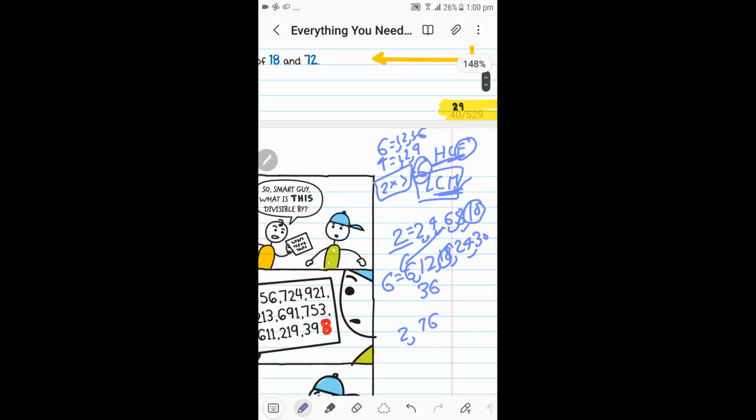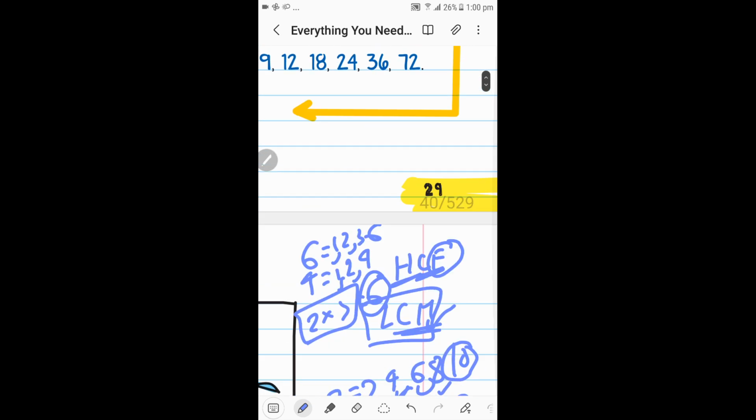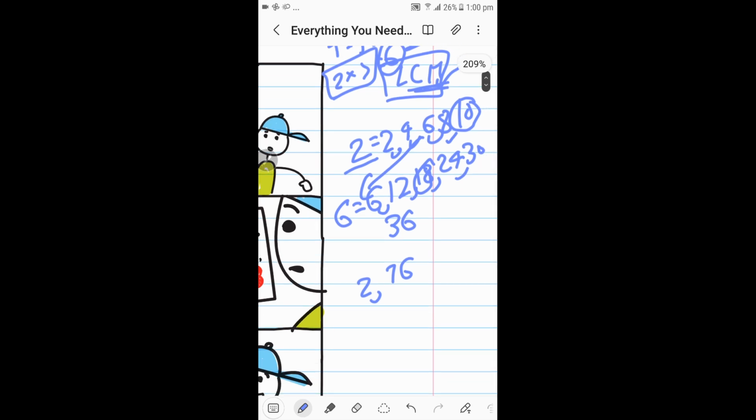Previously in HCF we found the highest common factor, which is the biggest. But in LCM that is not possible, as 2 and 6 have infinite multiplication tables and the last is always the biggest, so we need to find the lowest multiple.